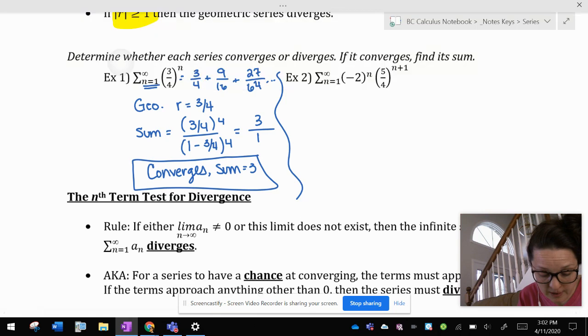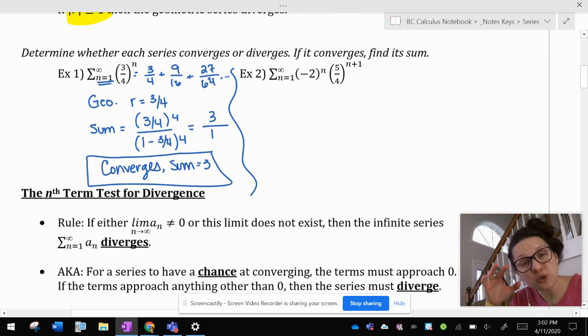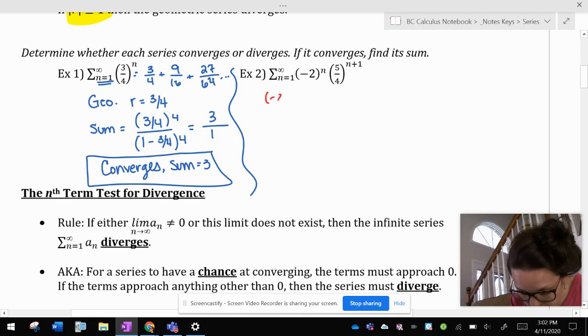If I look at the next example, a little bit more complex, it's still exponential, so it feels like it's geometric. Let's test it out. So if I plug in n equals 1, I would have -2 times 5/4 squared, which is 25/16. When n equals 2, -2 squared is 4, and 5/4 to the third, which is going to be 125/64. These numbers are going to get big.